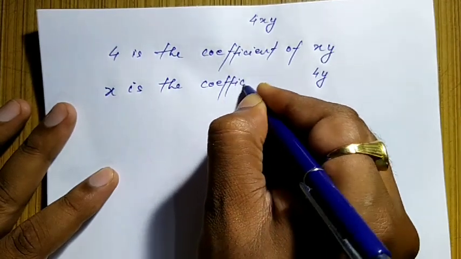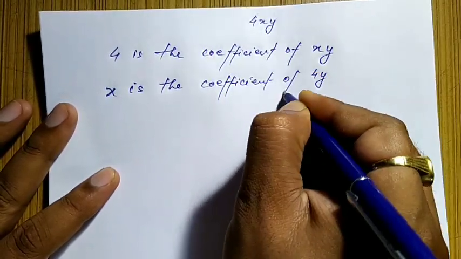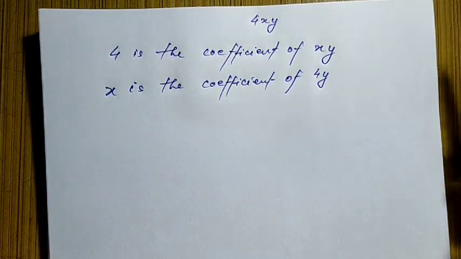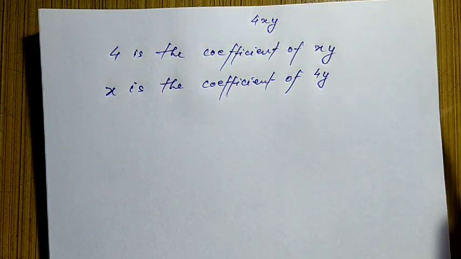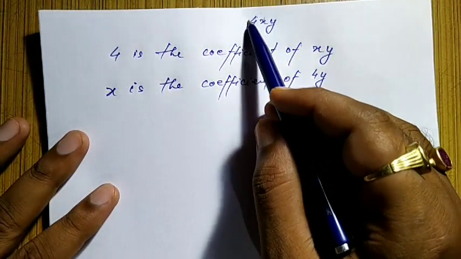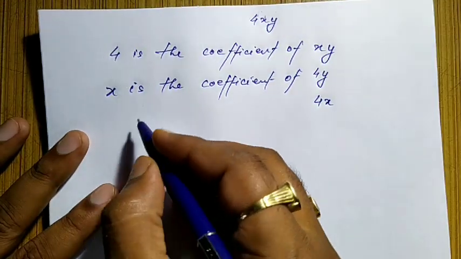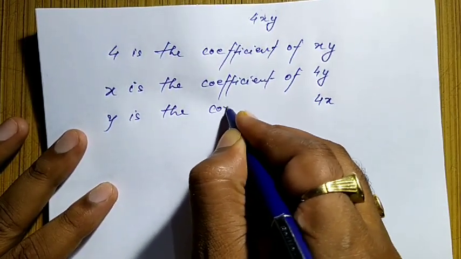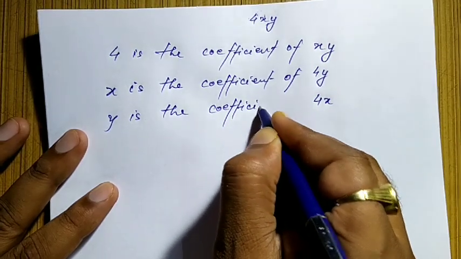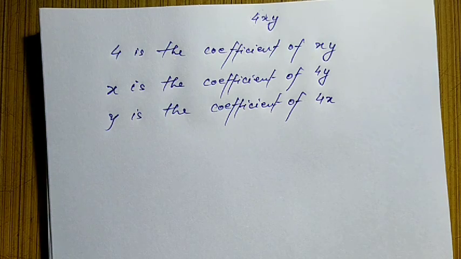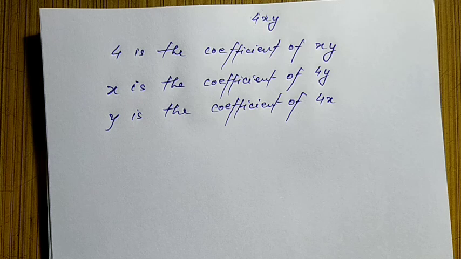So x is the coefficient of 4y. But if I ask what is the coefficient of 4x, then your answer is y. Y is the coefficient of 4x. Hope everyone understands the concept of coefficient.